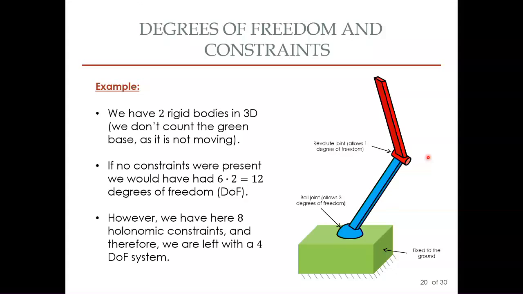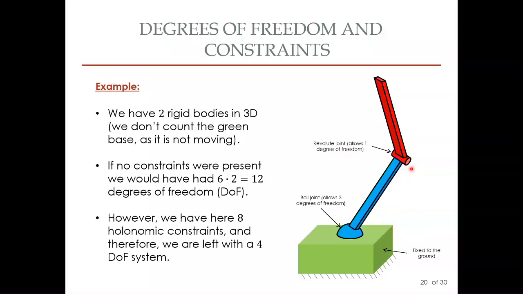Or I can do the takeaway method. So 2 rigid bodies. I start with 12 degrees of freedom because it's a 3D space, so 6 plus 6. So from the 12, I will need to take away any constraints of motion.